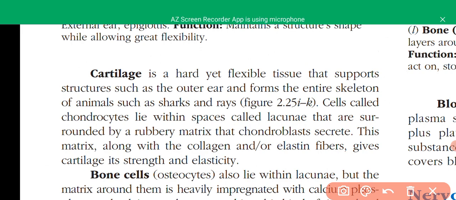And what is their matrix? Their matrix is a rubbery matrix, like an elastic matrix, in which chondroblasts secrete.